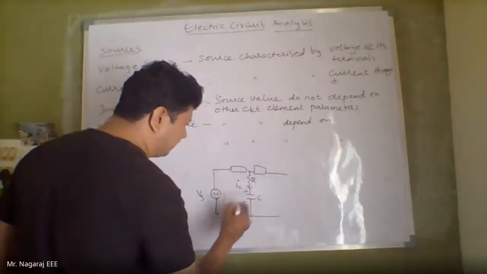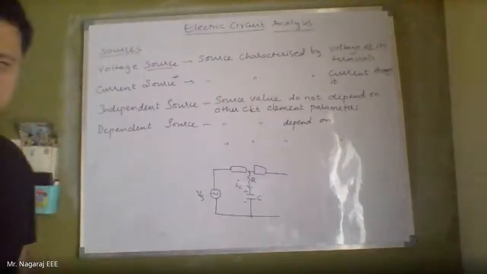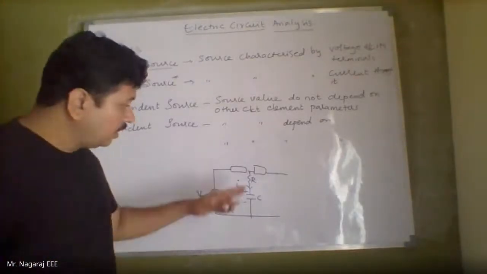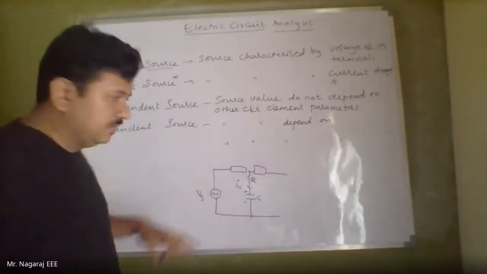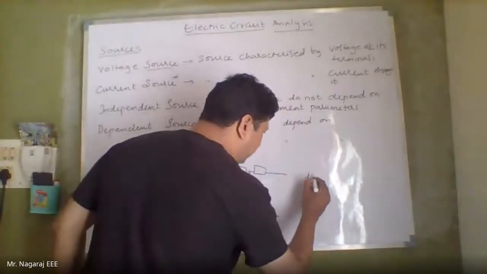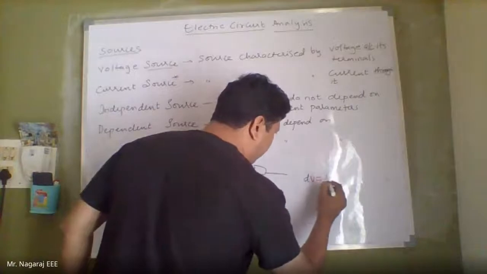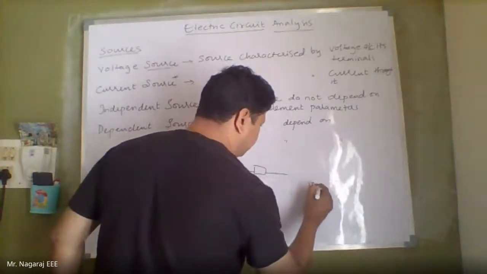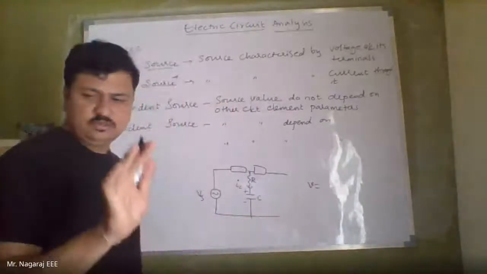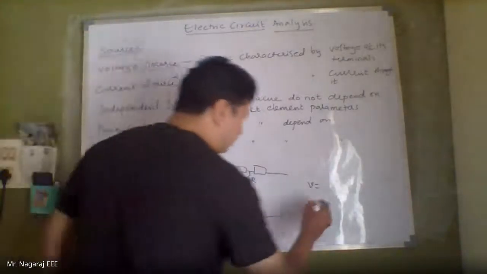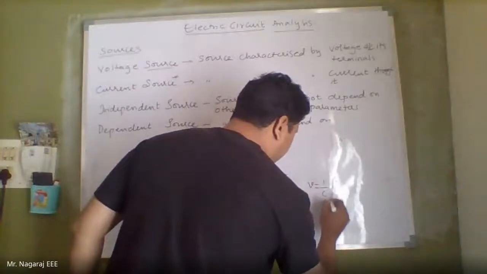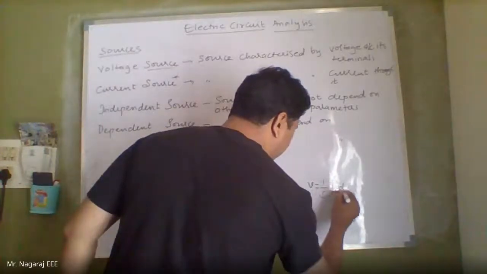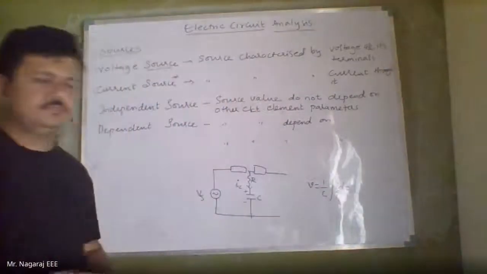We know that this capacitor will charge. To what value of voltage will it charge? It will charge to dV equals 1 over C, or V equals, don't worry about the equation values, just remember this: V equals 1 over C integration IC dt.